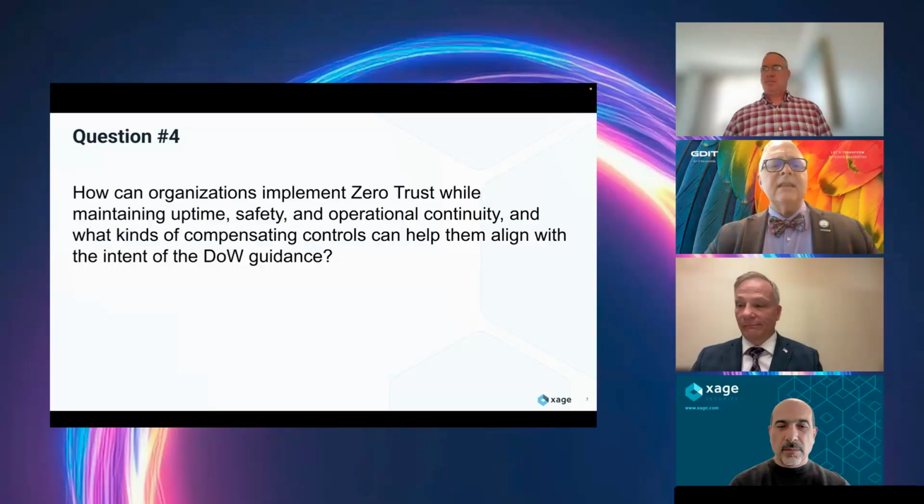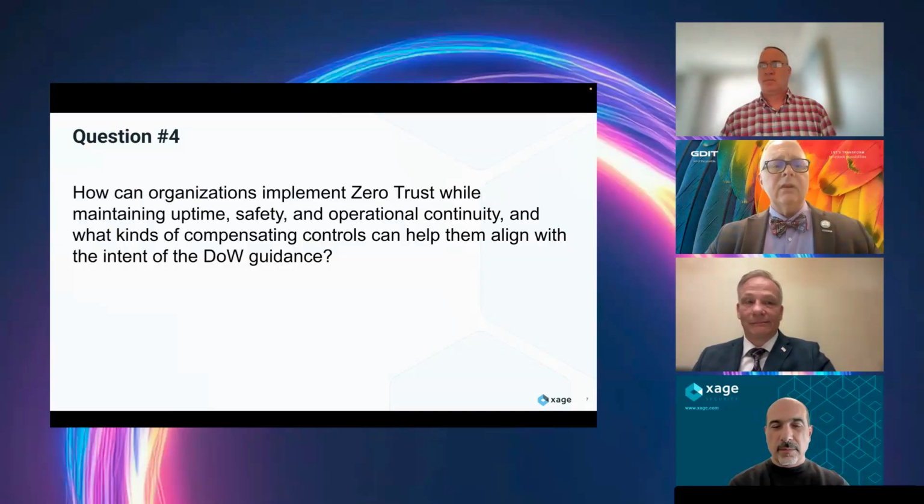I would like to add to that because I think what's important is two things. The first thing is the most important step that any organization, particularly the Department of War, but any organization can take in implementing zero trust, especially in an environment like an OT environment.